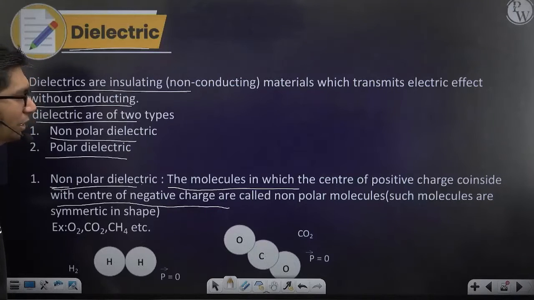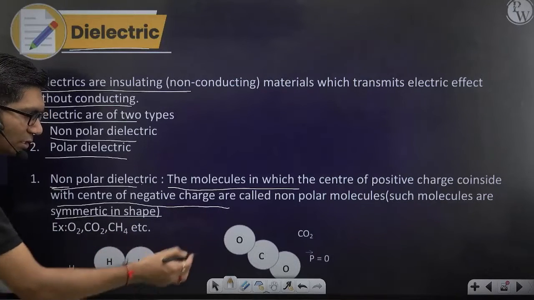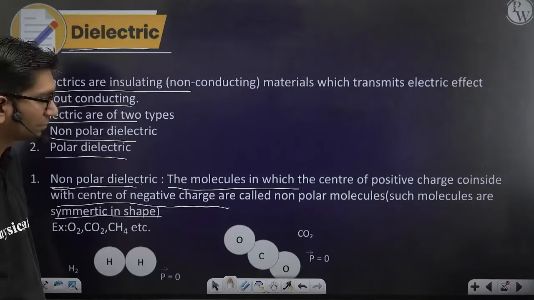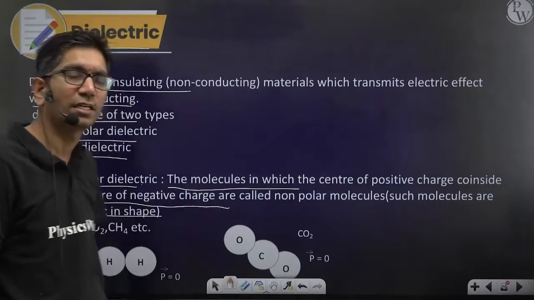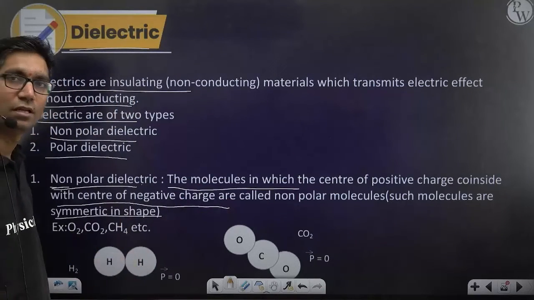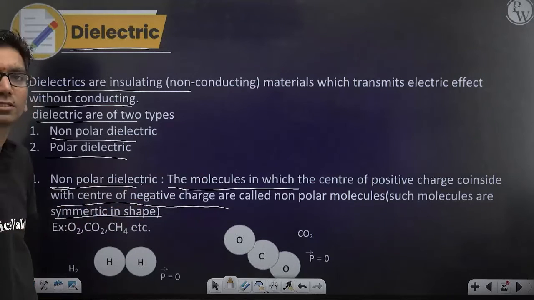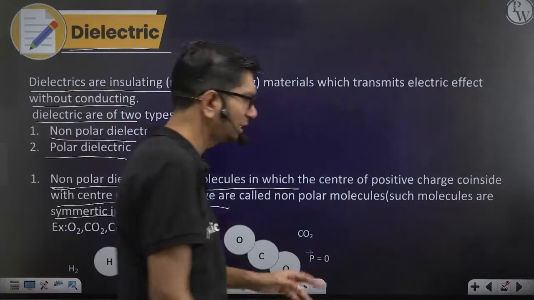Such molecules are symmetric in shape. Example, all these. The dipole moment is 0, because here the center of positive charge coincides with the center of negative charge. Is it clear, beta? Dipole moment is 0.